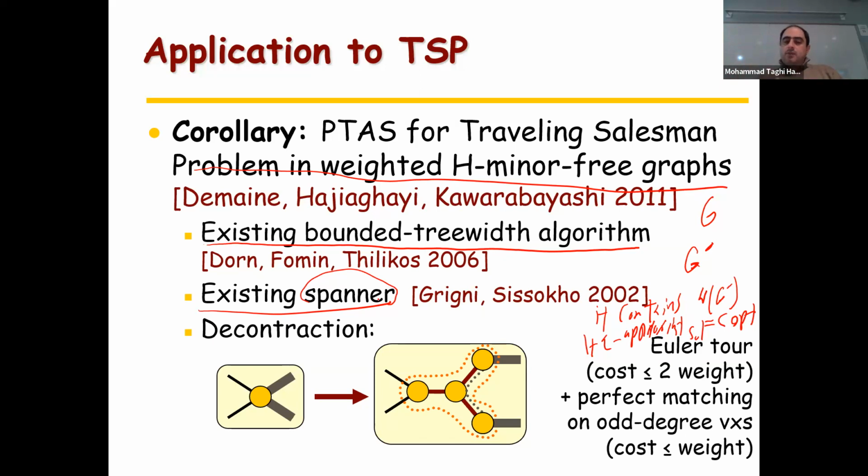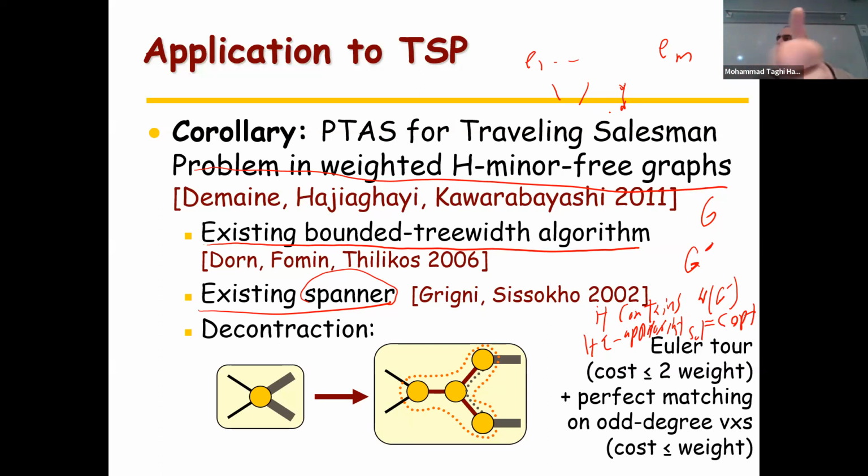So the spanner that we are using here: you are sorting the edges, E1 to EM, and adding the edges one by one. Whenever you add an edge, if by adding it the distance between these vertices goes down by more than a factor of 1 plus epsilon, you will add it. So in some sense, if the edge is necessary, add it. Otherwise, don't add it. This would be a spanner that we can use here, and it is known that it has these two properties.